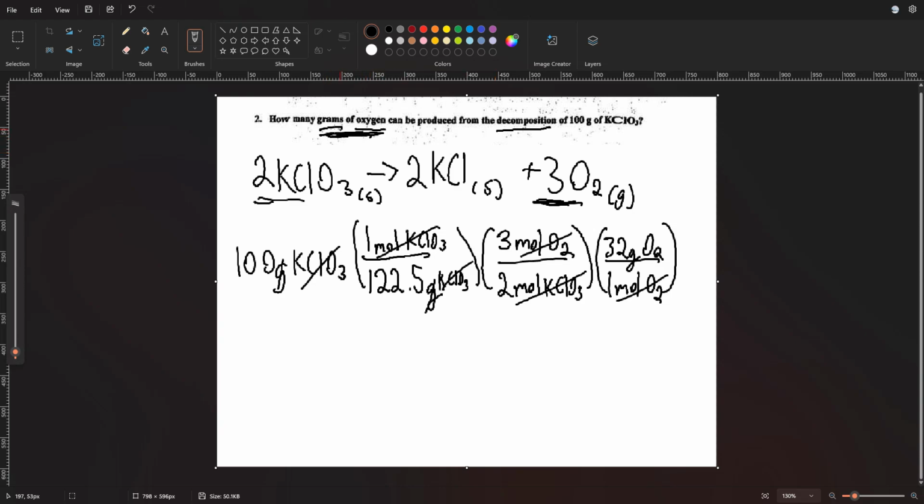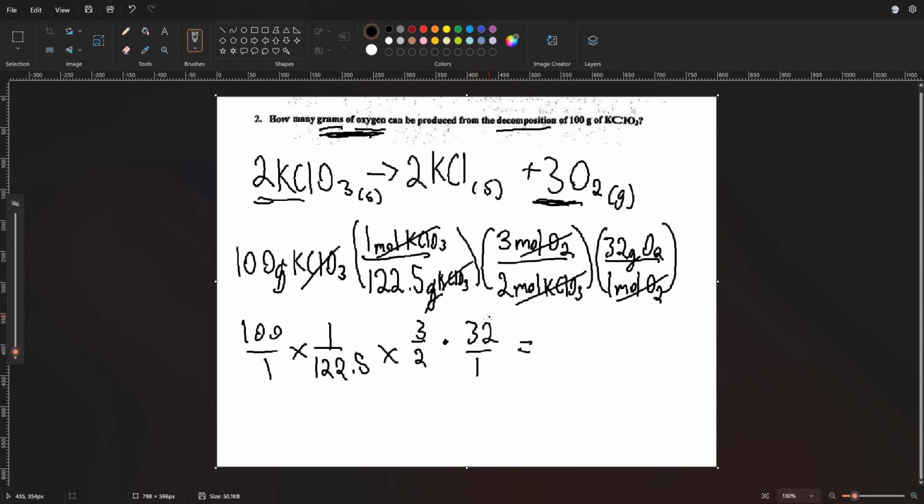If we reference the question again, how many grams of oxygen? So this is perfect. So now we're just going to do a bunch of number crunching here. So it's going to be 100 over 1 times 1 over 122.5 times 3 over 2 times 32 over 1.